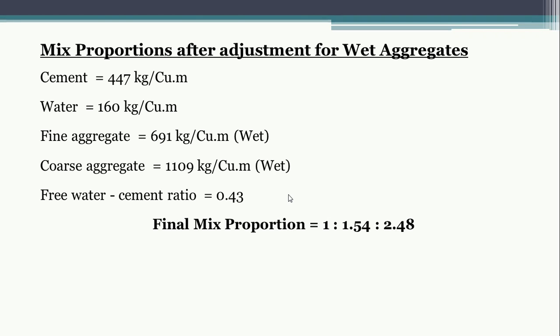In the previous problem we used the chemical admixture, but in this problem we have not used the chemical admixture. By using chemical admixture, for the same mix proportion, the slump value and workability will be improved. That's why in the previous problem the slump was 125 mm for the same mix proportion, because there we used the chemical admixture.